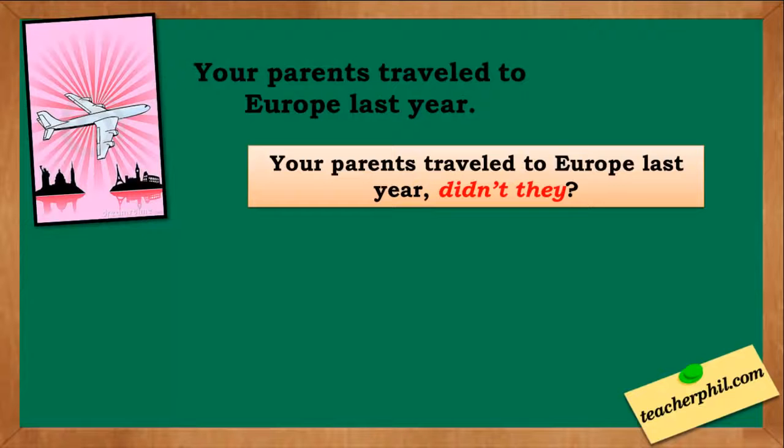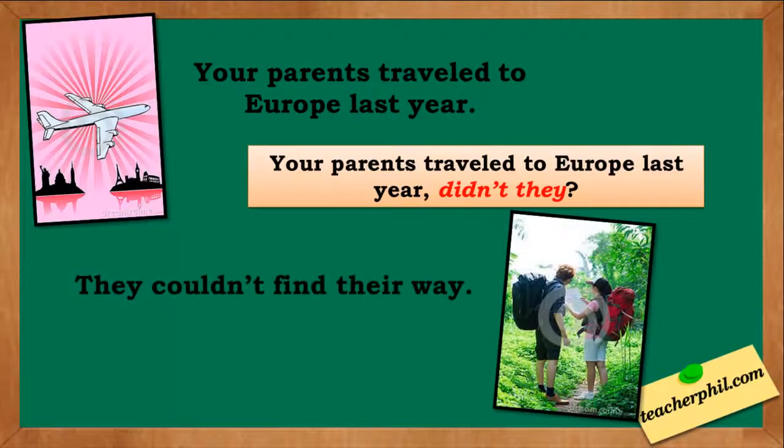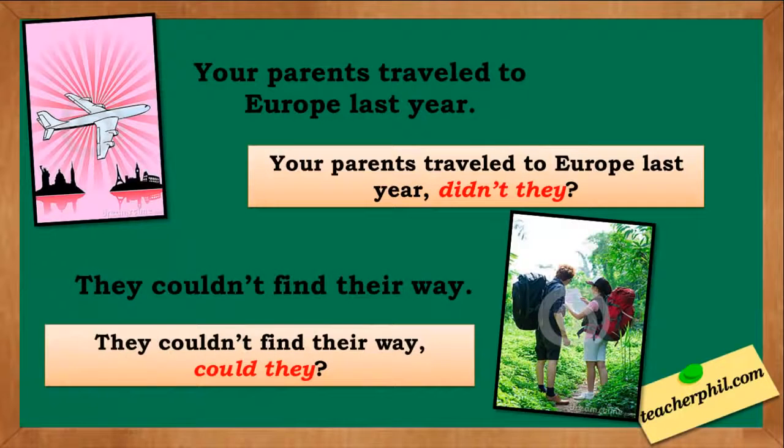Our statement is in the positive form. Therefore, a negative tag is needed. Didn't they? The last one, they couldn't find their way. The correct answer is, they couldn't find their way, could they? We used the modal could in the statement, so could should also be used in the tag. Could they? Did you get them right?